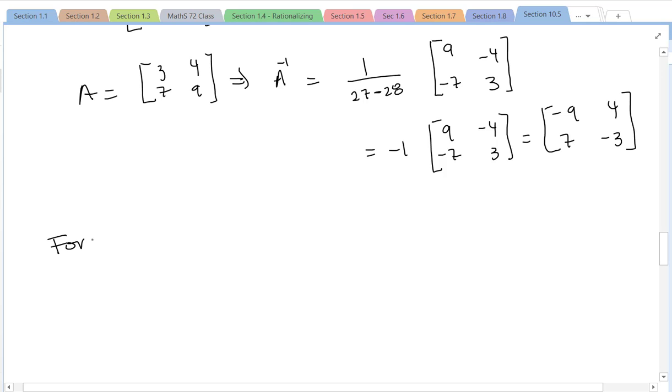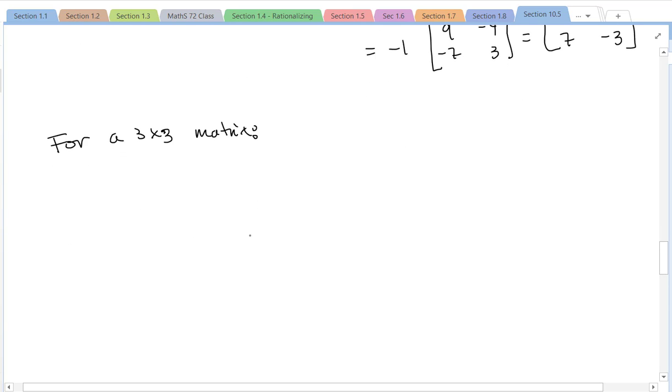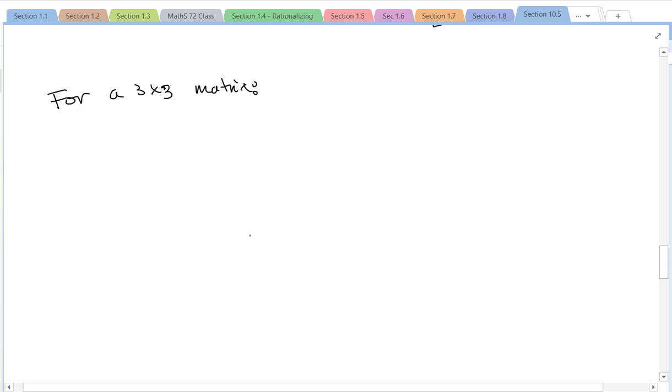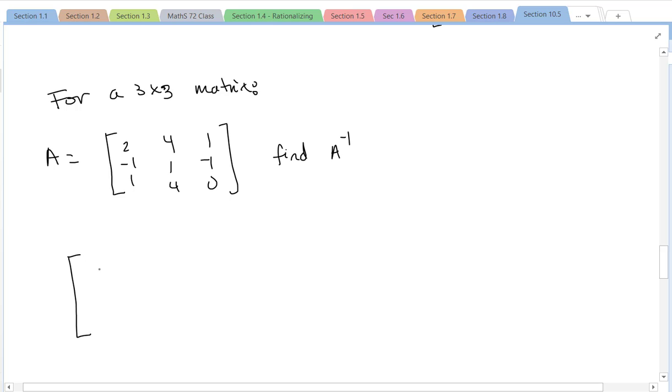So for a 3 by 3 matrix, we will do the same thing. So let's try an example of a 3 by 3. So let's let A equal 2, negative 1, 1, 4, 1, 4, and 1, negative 1, 0. So if I wanted to find A inverse, I'm going to do the same thing that we did for the 2 by 2.